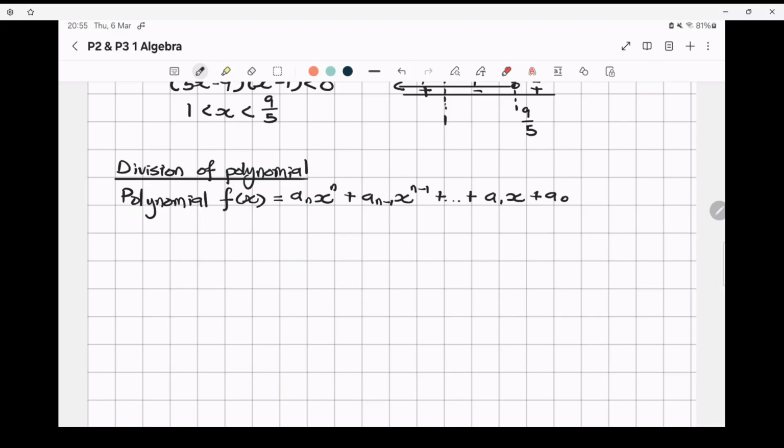For a polynomial, there are a few things that you need to know. The list of numbers an, an minus 1, up until a1, a0, these are what we call the coefficients.